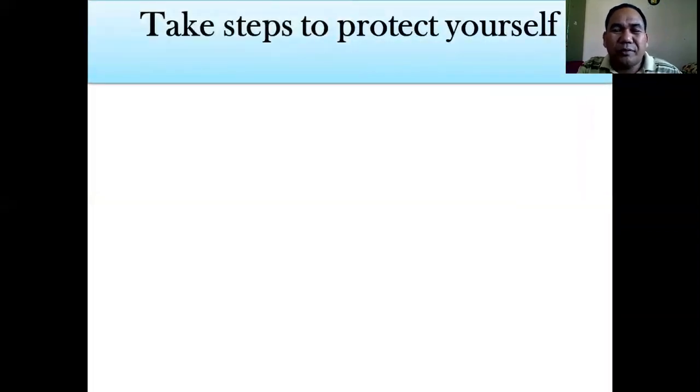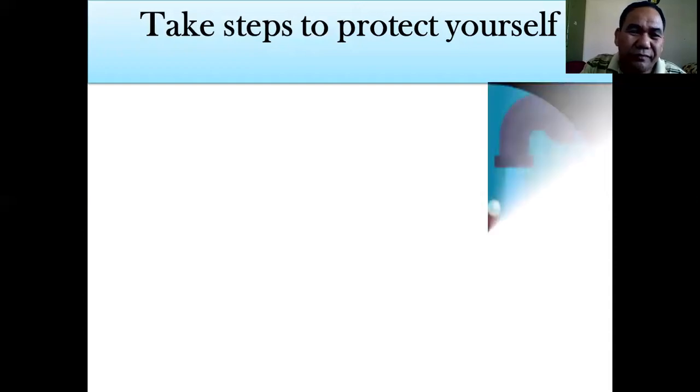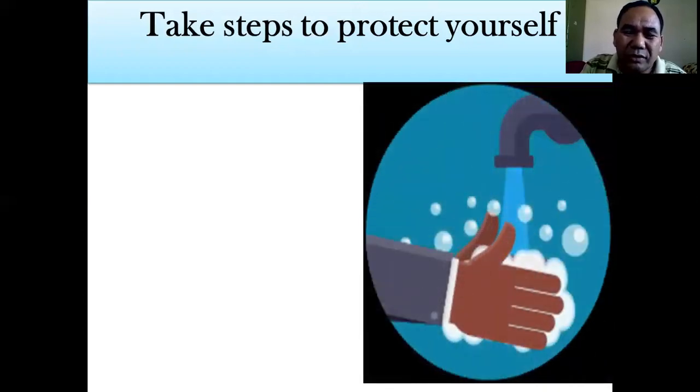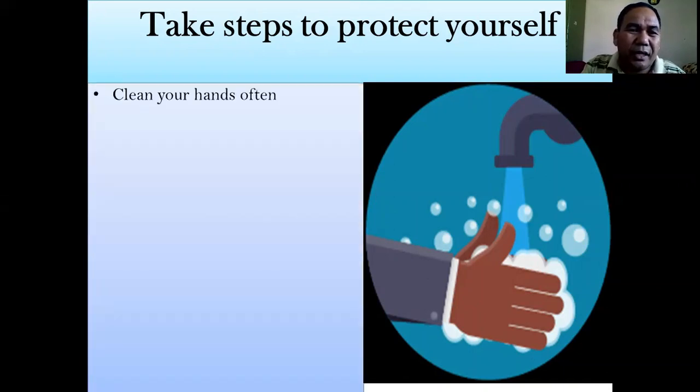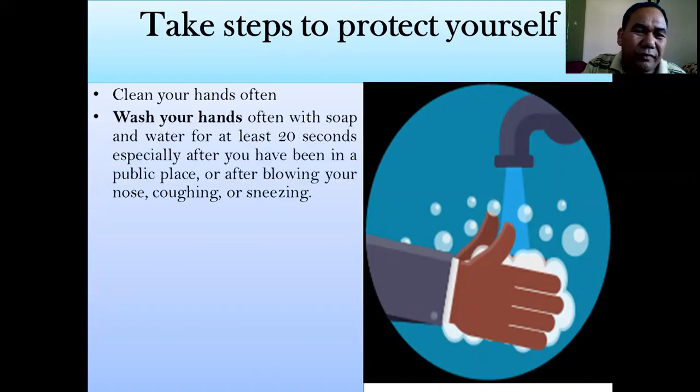And take steps to protect yourself. This is one precaution to be safe from coronavirus infection from person to person. Clean your hands often. Wash your hands often with soap and water for 20 seconds, especially after you have been in a public place or after blowing your nose, coughing or sneezing.